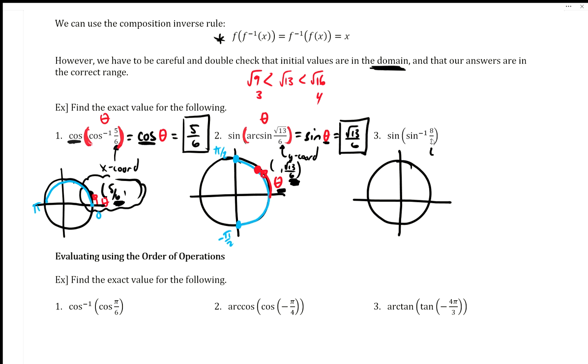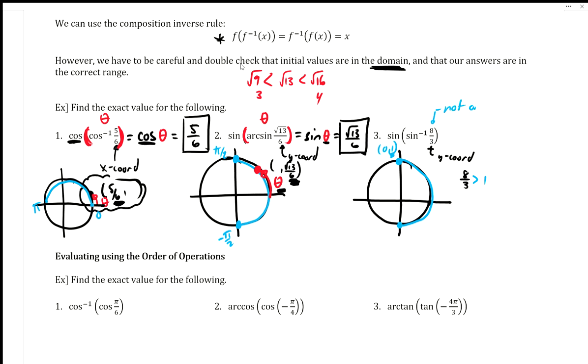So again, this is a y coordinate. Y coordinate of 8/3, remember this is our unit circle. Let's mark sine inverse. Sine inverse must be in between here and here. Up top there is 0 and 1. That's the biggest y can be. 8/3 is bigger than 1. So that means this is not on the unit circle.